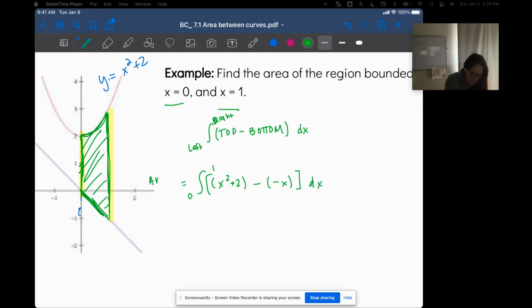And then when I do this, I get the area between the two curves. So I'll just put area is equal to. Let's go ahead and simplify a bit. I get the integral from 0 to 1 of x squared plus x plus 2 dx, and that's just a polynomial, so I'll go ahead and just take the antiderivative, which is 1/3 x cubed plus 1/2 x squared plus 2x, evaluated from 0 to 1.